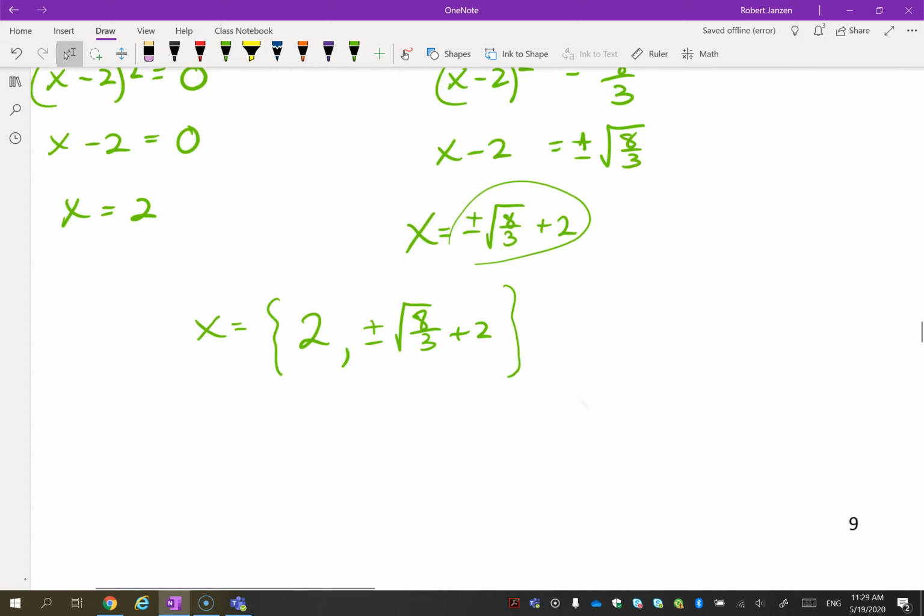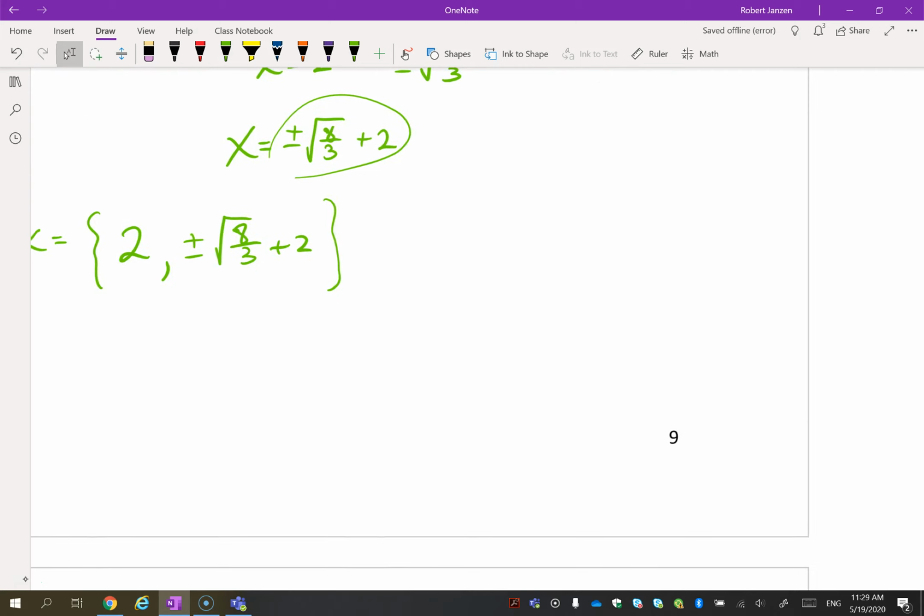Okay, what is it going to do? Your answer key would say, okay, I can simplify root 8. That's 2 root 2 over root 3. Then it's going to rationalize that, so you'd get 2 root 6 over 3. So I multiply the top and bottom by root 3.